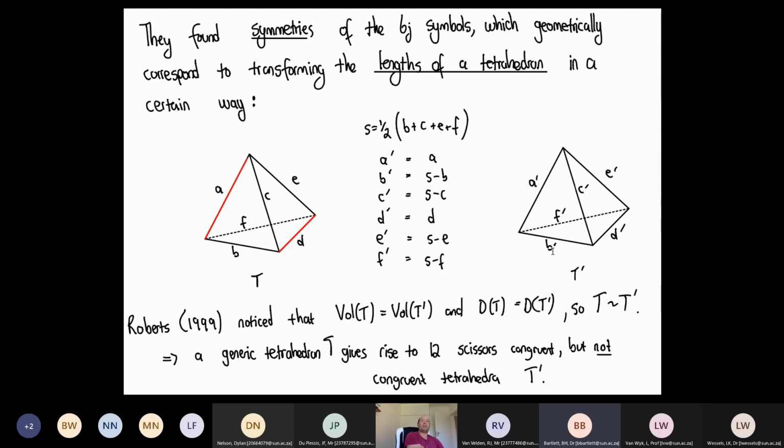So arising out of some work in mathematical physics, from a given tetrahedron you can actually calculate 12 different ones which are scissors congruent to your original one, meaning you can chop up T into finitely many pieces to form T', even though T' manifestly has different lengths from T, so it's not congruent to T. So that's my research area, in that direction, and that's how I was interested in this Hilbert's third problem. Thank you for listening to me.